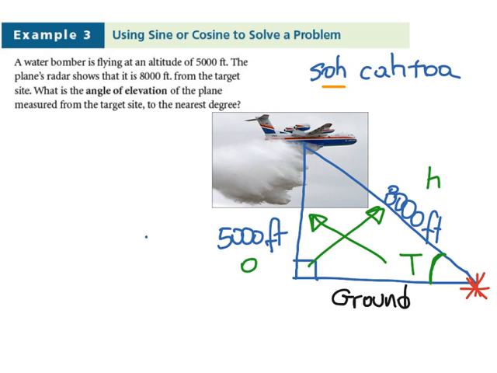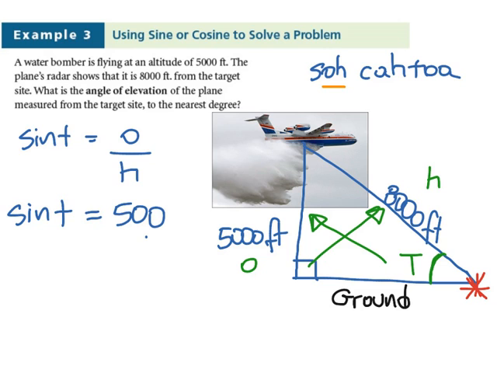So write sine of T is opposite over hypotenuse, O over H. Therefore, sine of T is opposite, 5,000 feet, over hypotenuse, which is 8,000 feet. In order to find this angle T, we have to take the inverse sine, sine to the power of -1, of 5,000 over 8,000.